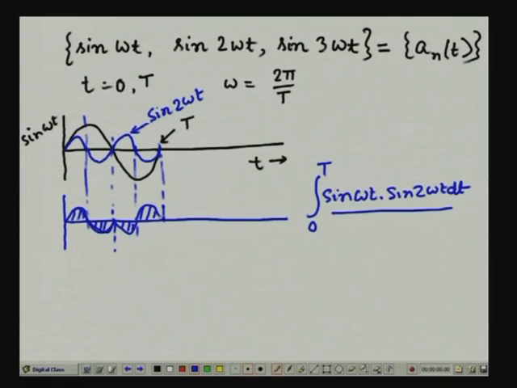If you take this area, you will find that the positive half will be cancelled by the negative half, and this integration will come out to be 0.